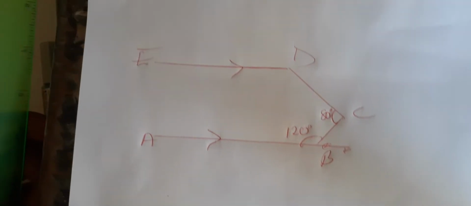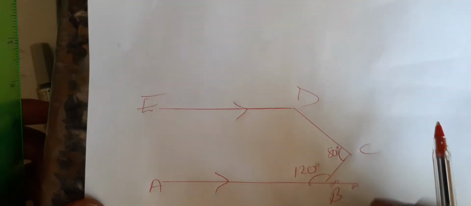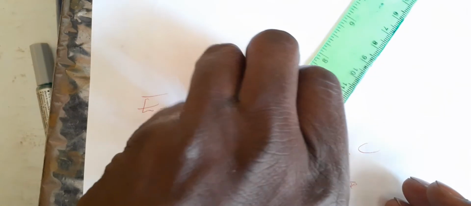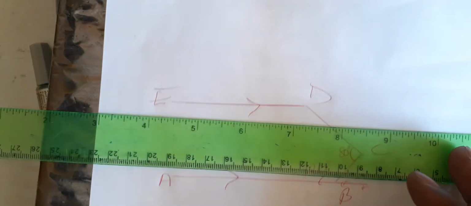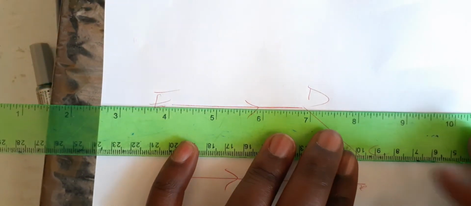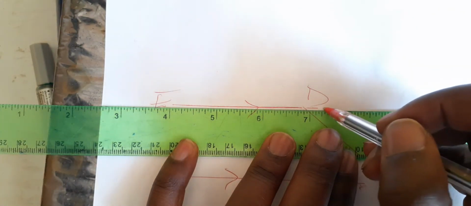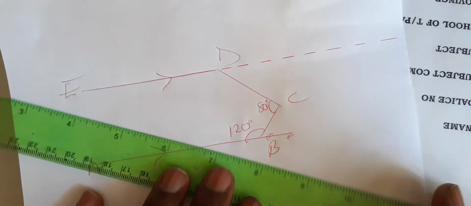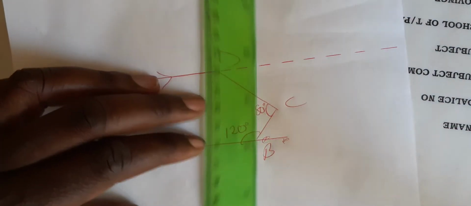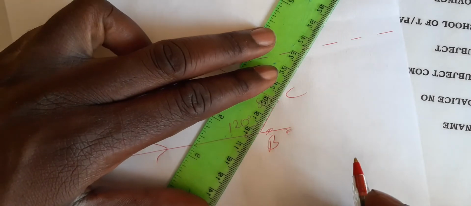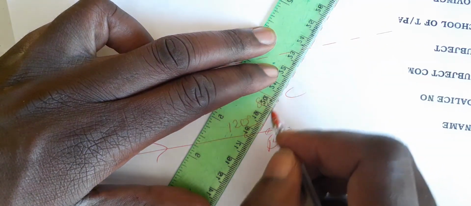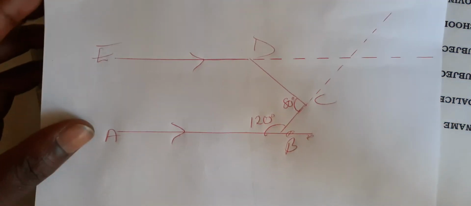Here for me, the only thing that I can do is to extend, because I can't find an easier way of doing it. So I'll extend this line here, like this. And I'll also extend this other one. Take note of that. All right, just to give myself room.